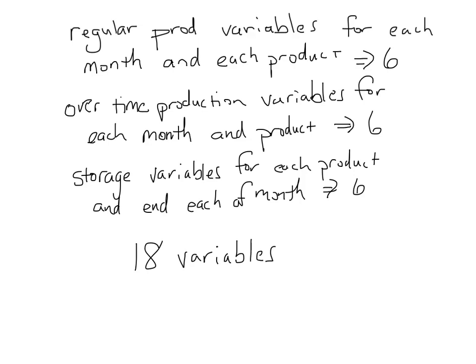So now let's see if we can actually start to come up with what these variables should look like. So let's see. I'm going to say let x_JR, those are subscripts. The J stands for July.